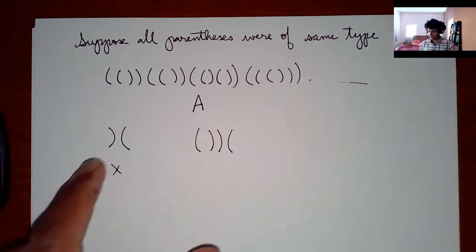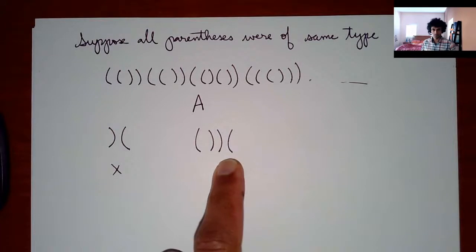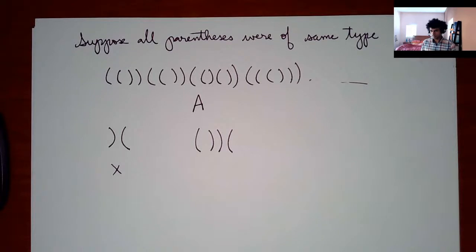Now this example cannot happen, but this is coming later on. This has an equal number of open and close. Good. So the number of closing brackets never exceeds the number of opening brackets.